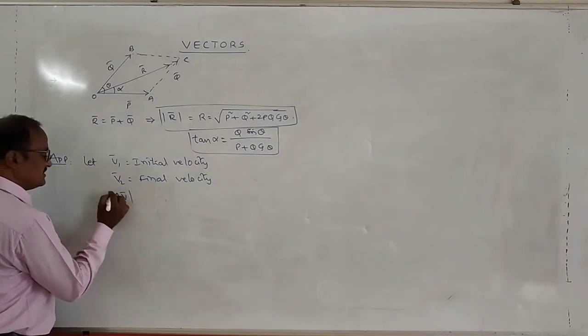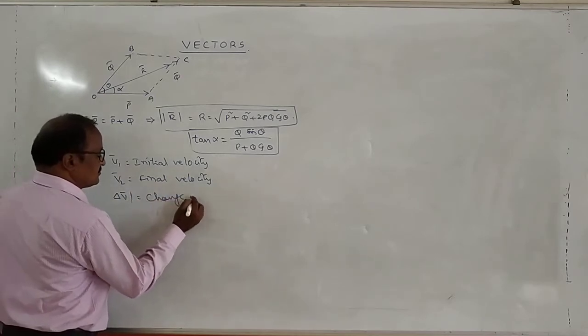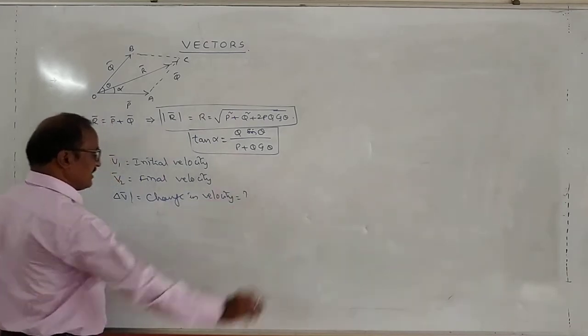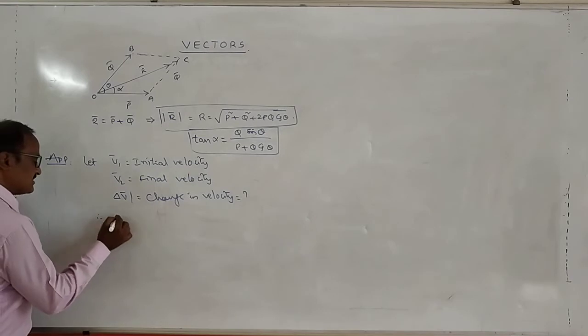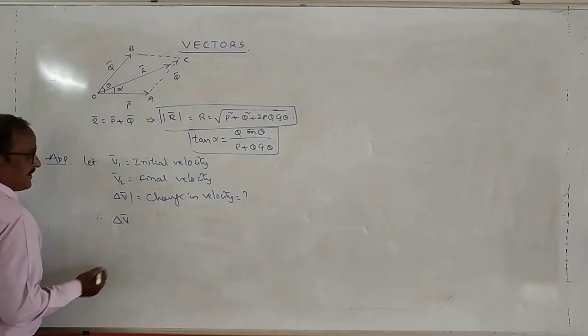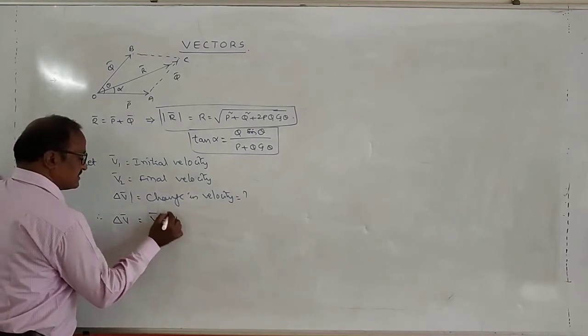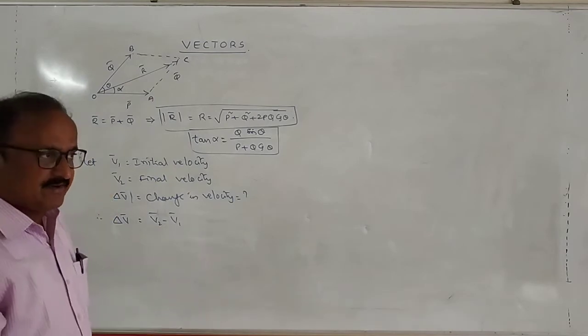Delta v bar is the change in velocity. Change in velocity is represented by delta v bar, which is equal to final velocity minus initial velocity. Okay? Delta v bar is equal to v2 bar minus v1 bar.